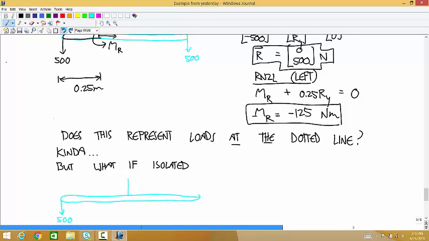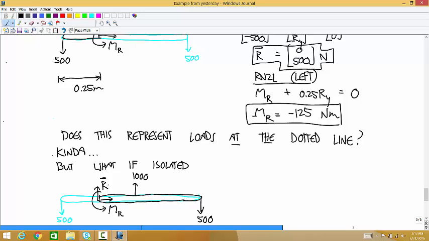Okay, so say that we had isolated this part instead. That seems like a reasonable way to do it. Then we'd have this 1,000 Newton force here. We'd have a 500 here. We'd have our force R and our couple MR there.